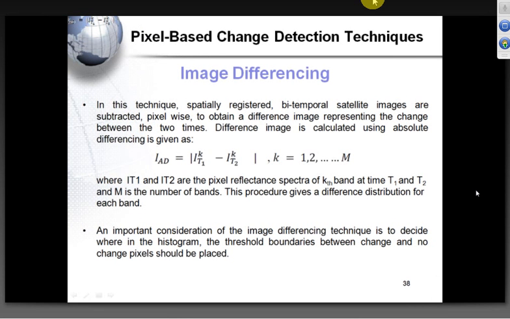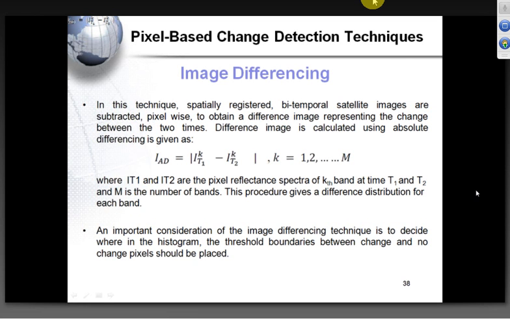Now, the first detection technique is image differencing. In this technique, bitemporal satellite images are subtracted pixel-wise to obtain a difference image representing the change, using the absolute differencing algorithm. As you can see, IAD equals IT1 minus IT2, with k taken from 1 to M. k is the band, the kth band we have taken.